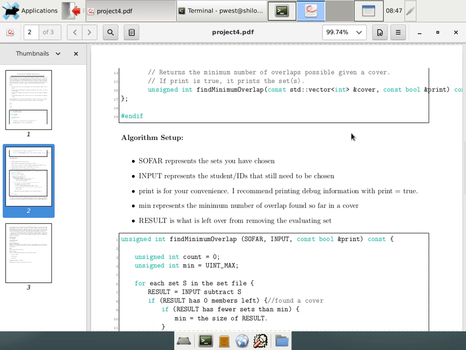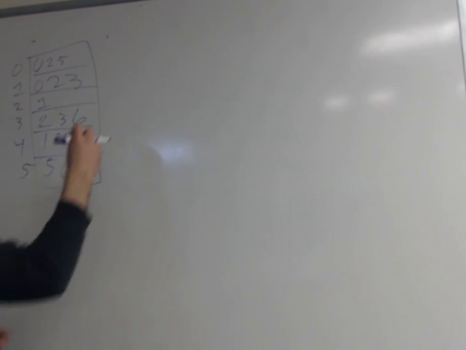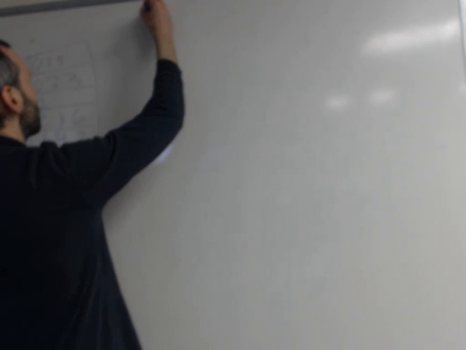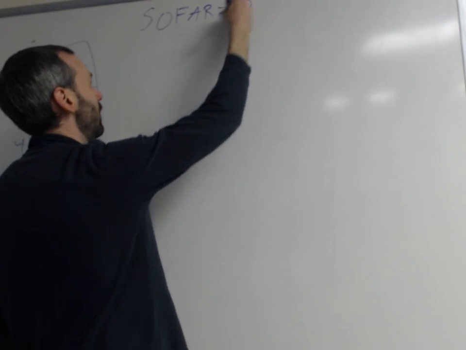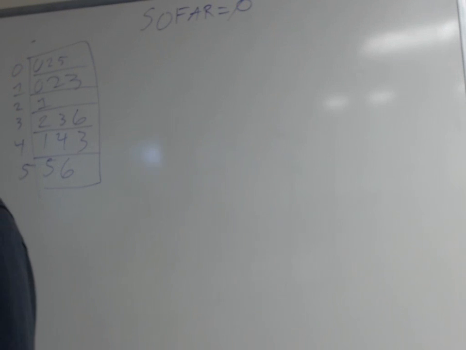So far represents the sets you've chosen. Let me go ahead and show you on the board. Those are our sets over there. So far, we'll say it equals nothing. We'll start at the beginning just to make this easy.